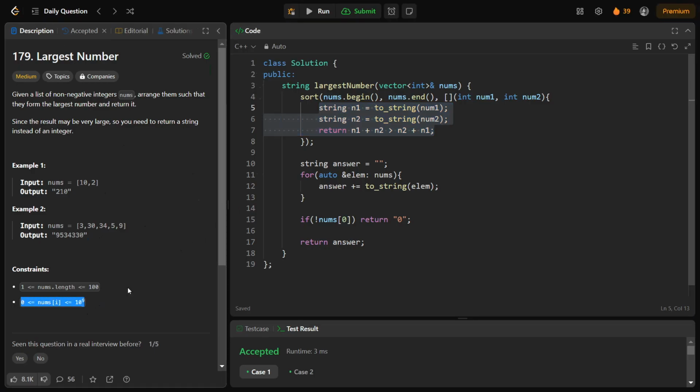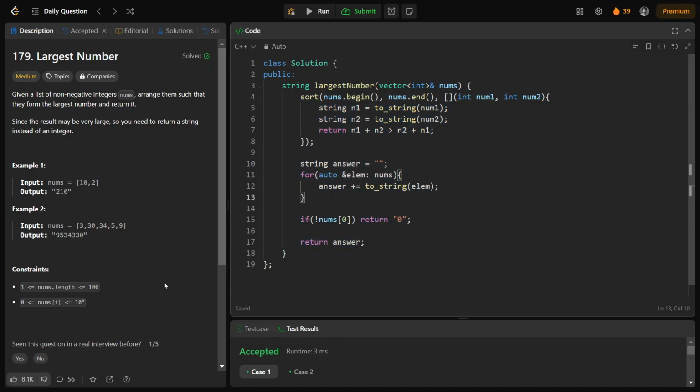We have an upper bound for this. Regardless of the size of the input, the length of this is in a way constant. And you also consider this as constant space, because n1 would have maximum 10 and n2 would have maximum 10 length. So maybe O of 20 is the space complexity for this, and then the returning of the answer, right?